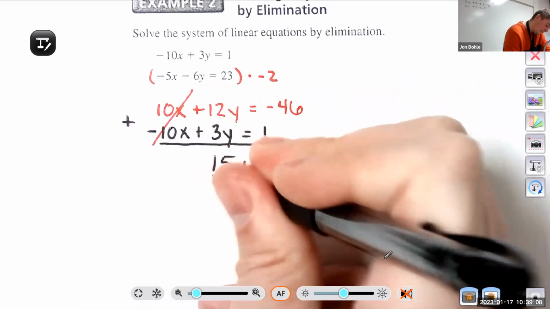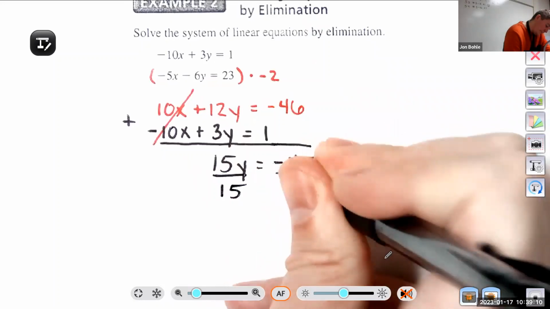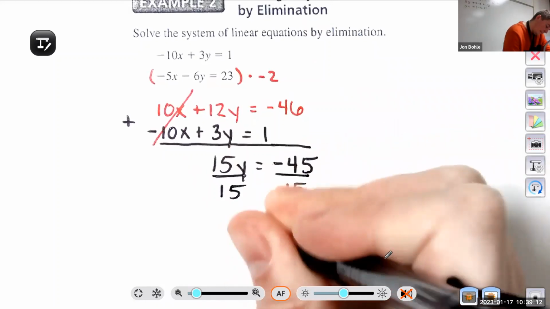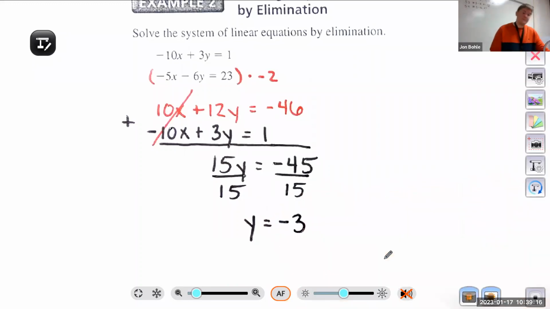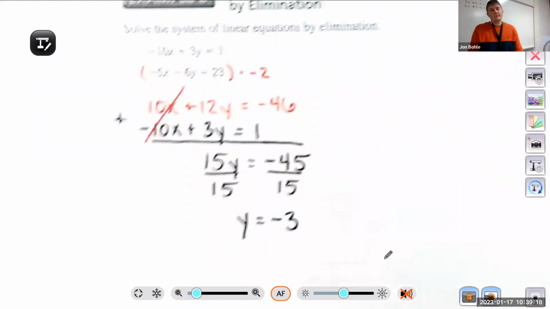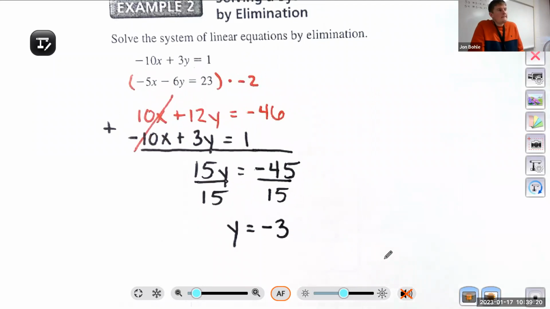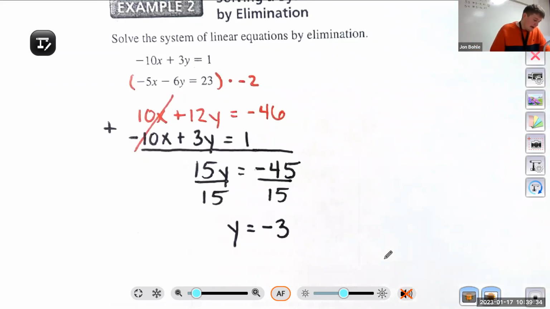Negative 3. Okay. Questions about that? Now I need to actually solve for x.